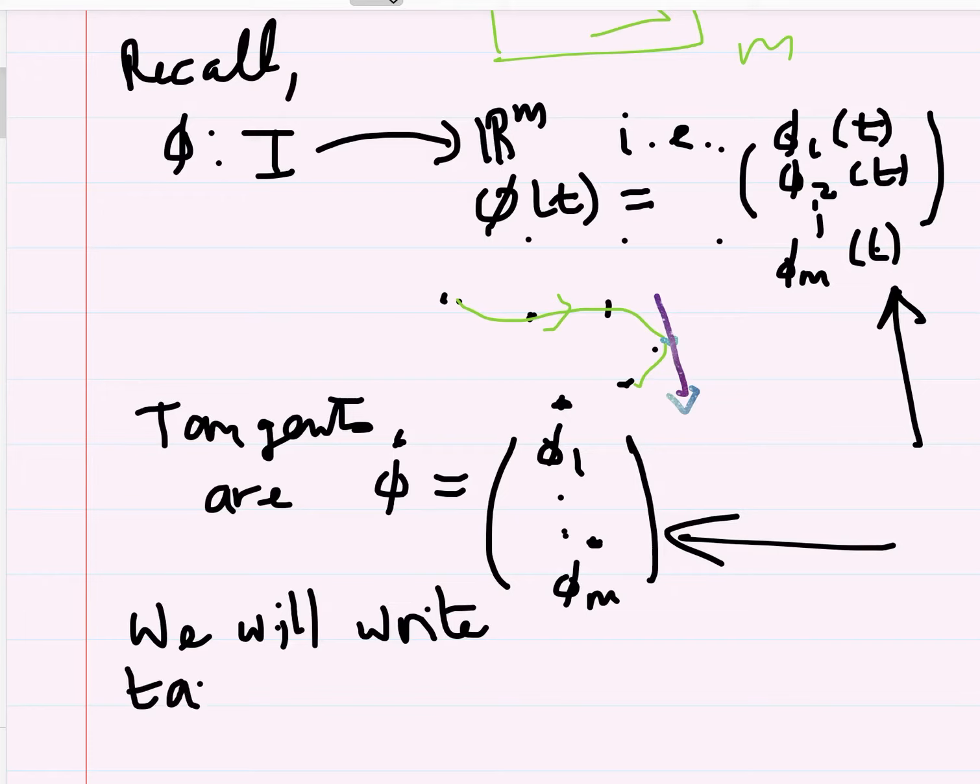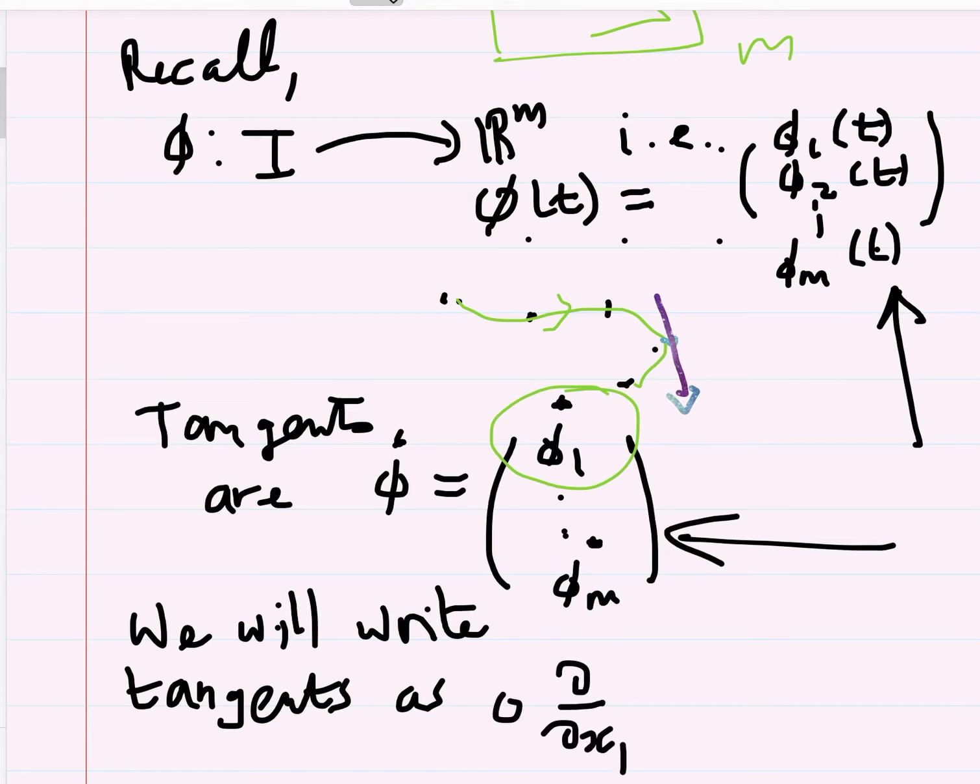So the first coordinate of this tangent, phi 1 dot, will be the coefficient of d by dx1, plus the second coordinate, phi 2 dot, will be the coefficient of d by dx2, etc. And this will be done for each of the components of the tangents.